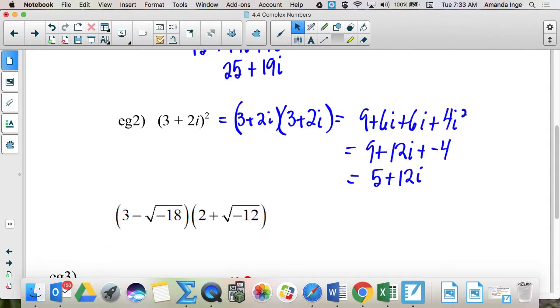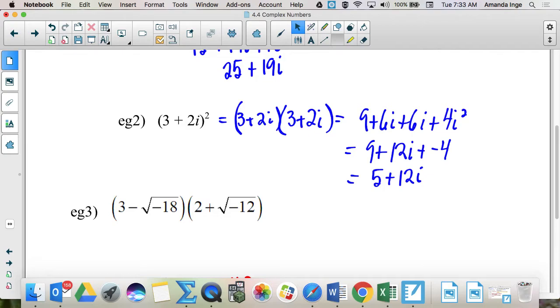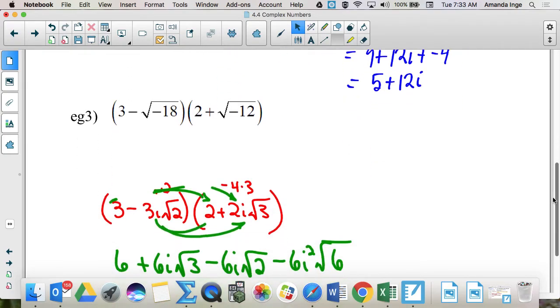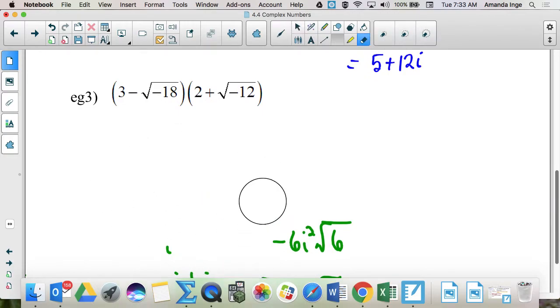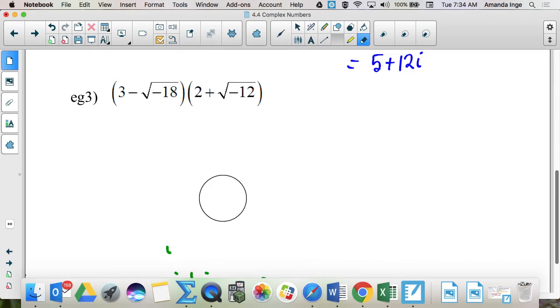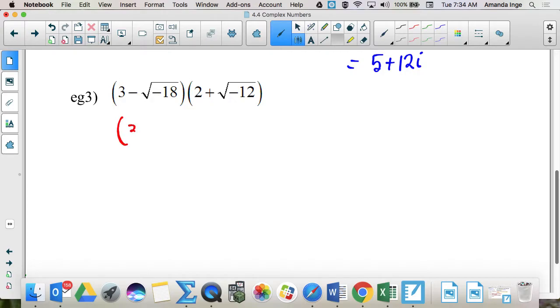On my next example, you'll notice that it is not in complex form. It needs to be in order to work the problem. So I'm going to rewrite this as 3 minus, well, this is -9 times 2, so this is 3i square roots of 2 plus -4 times 3, so that's 2 plus 2i square roots of 3.